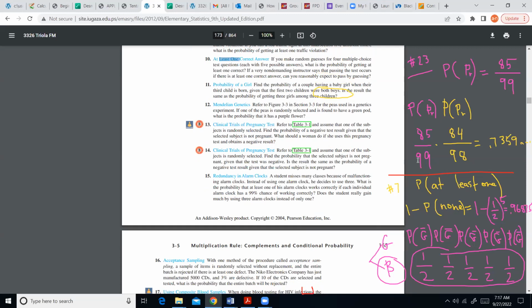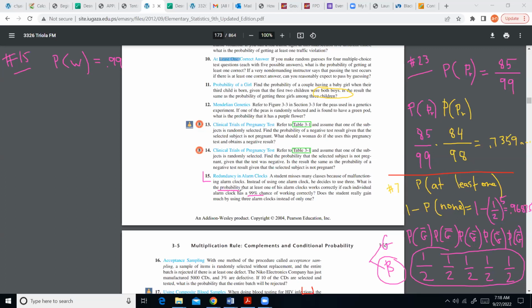So we can actually try number 15 here. And it says that 99% the chance that alarm clock works. Okay, so I can write that probability that the clock works is 99%. Well, we always turn this to decimals, so it's 0.99, right? 99%, 99 hundredths, 0.99.